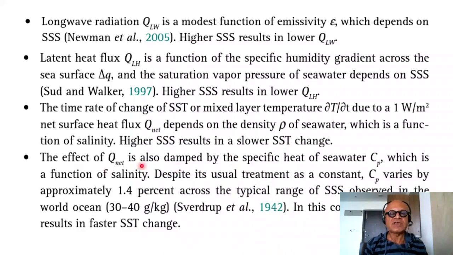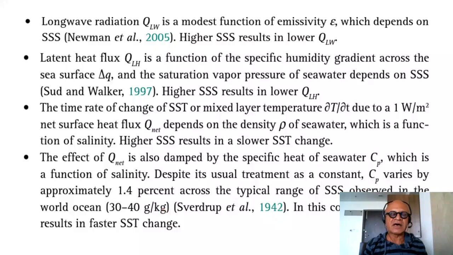The effect of Q net is also damped by the specific heat of seawater, which is a function of salinity. Despite its usual treatment as a constant, CP varies by approximately 1.4% across a typical range of sea surface salinity observed in the world ocean, going from 30 to 40 grams per kilogram, or PSU.